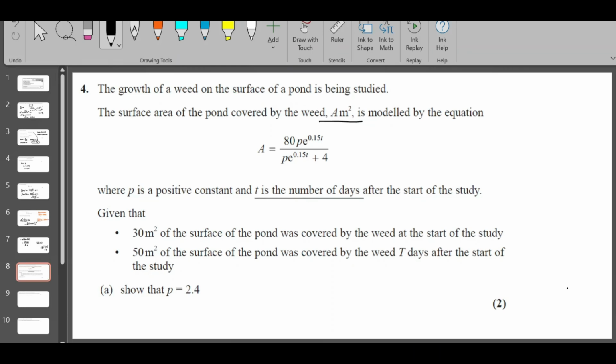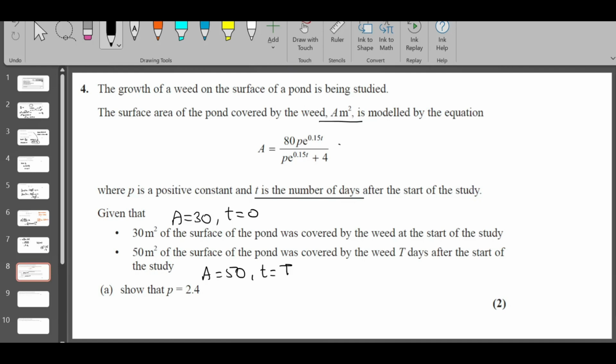Given that the area A is 30 meter square at the start of the study, it means when t is 0, and then A is 50 covered by the weed T days after the start of the study. Show that p is equal to 2.4.